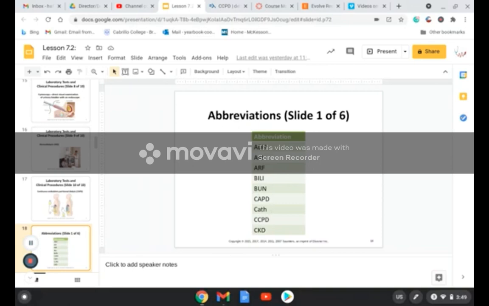And then CATH, that's short for catheterization. CCPD is similar, right? So it's continuous cycling peritoneal dialysis. So that's when the person's actually hooked up to a machine and is unable to ambulate. So that's the difference between those two. And then CKD is chronic kidney disease.